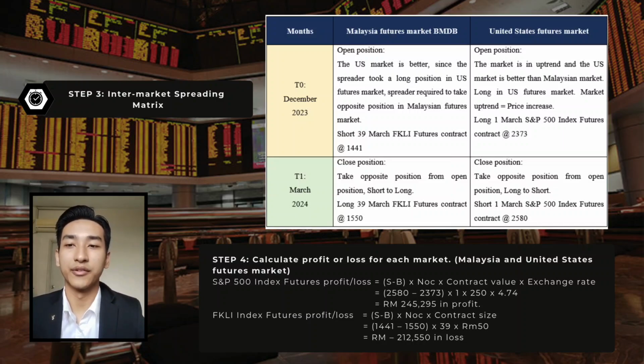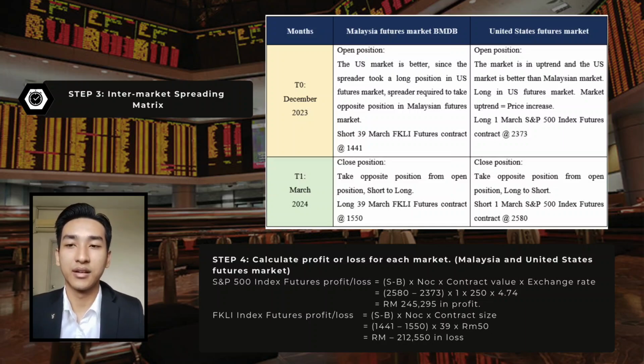So the selling price 2,580 ringgit minus 2,373 ringgit times 1 contract times 250, which is the contract value, and the exchange rate is 4 ringgit 74 cent. The profit is RM 245,295 ringgit in profit.